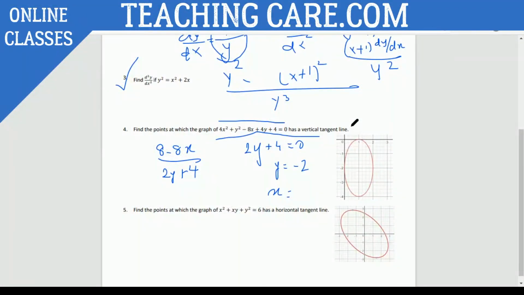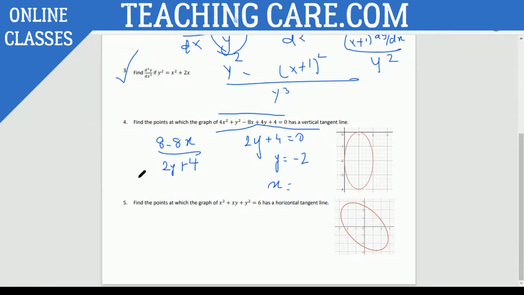I'm getting 0 and 2. Correct. So the coordinates you will write as (0, negative 2) and (2, negative 2).